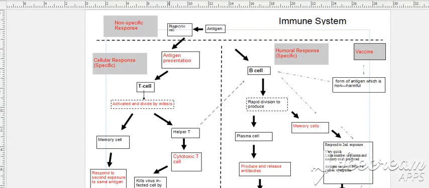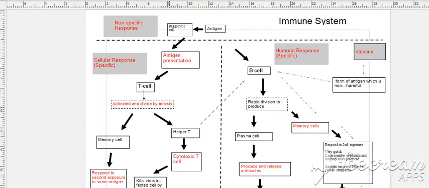We're then going to use our knowledge of the immune system to describe why having more of those helper T cells or a lower viral load is going to have an effect. So if we think back to our topic to do with disease and immunity, we learned that we have a non-specific immune response, which is when a foreign antigen is detected in our body, the first line of defense is the phagocytes.